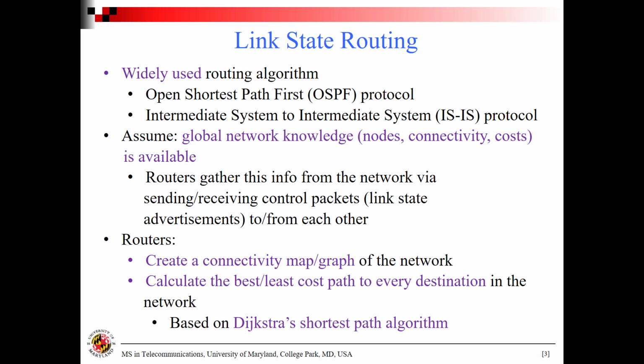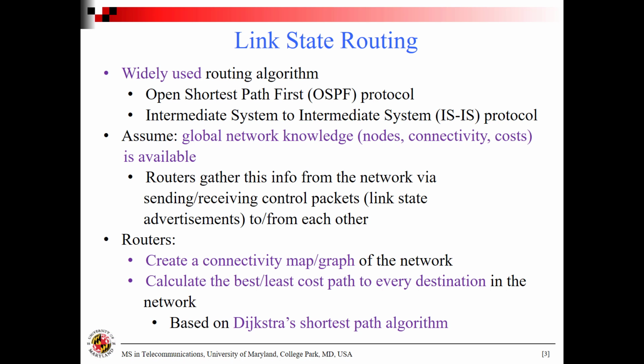There are multiple protocols that implement this and use it to calculate appropriate paths in a computer network. Examples include Open Shortest Path First or OSPF, or the Intermediate System to Intermediate System protocol or ISIS protocol. So both of them use this link state routing algorithm.